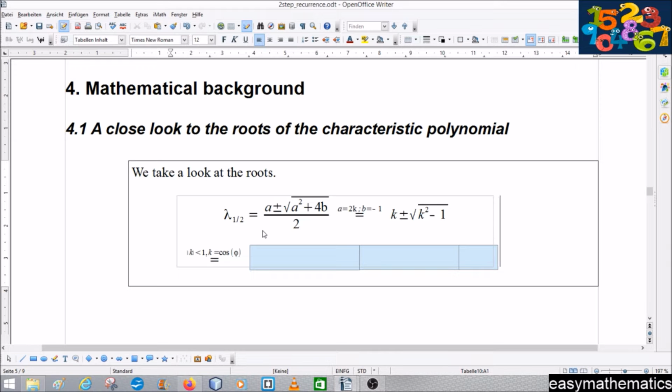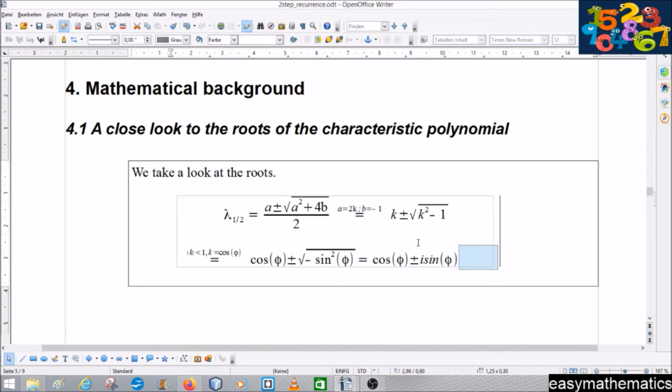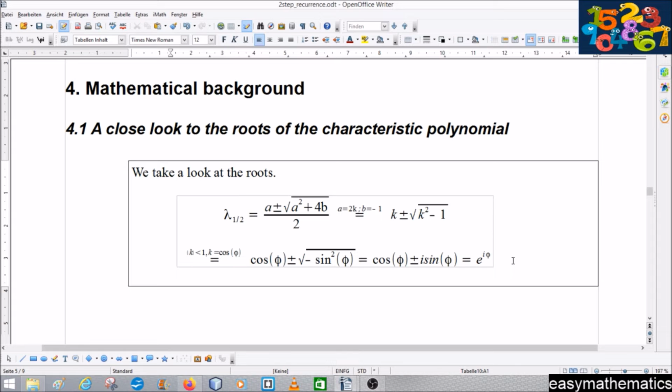Okay, so we make a parametrization for k, and if we plug that in, we get cosine phi plus minus the square root of minus sine squared, and because sine squared is always positive and we have a negative radicand, this makes our solution complex, and we get a very nice solution of the form cos phi plus minus i sine phi, and this is exponential of plus minus i phi, so there is a plus minus missing.